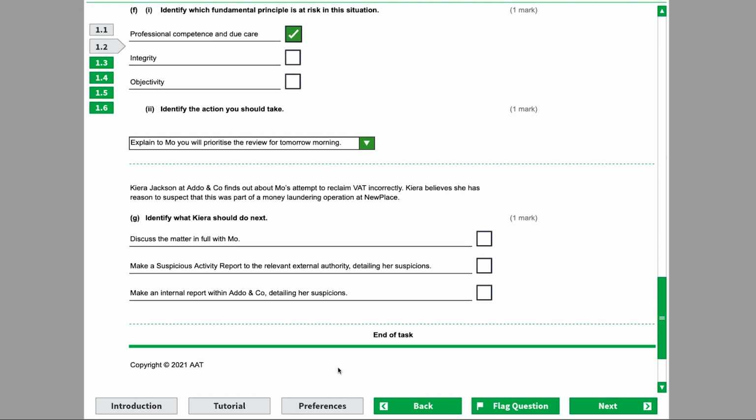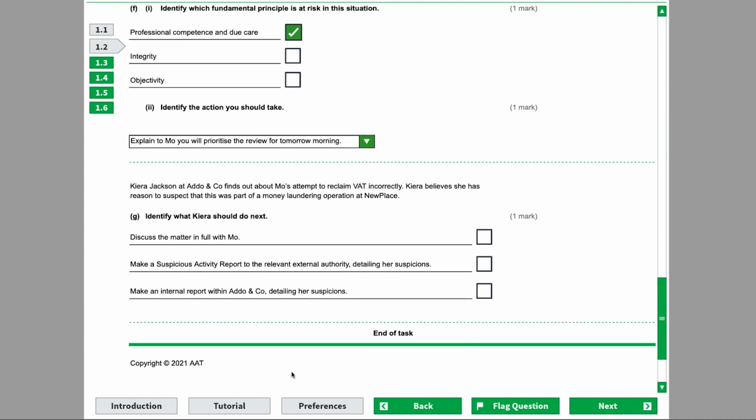The most appropriate action here would be the bottom one, make an internal report within ADSY & Co detailing her suspicions. So the first option, discussing the matter in full with Mo, could be classed as tipping off, as she believes that Mo was the one who has potentially done something wrong, so therefore wouldn't want to do that. Option number 2, make a suspicious activity report, an SAR. The only problem with this one is that it says she has reason to suspect that it was part of a money laundering operation.